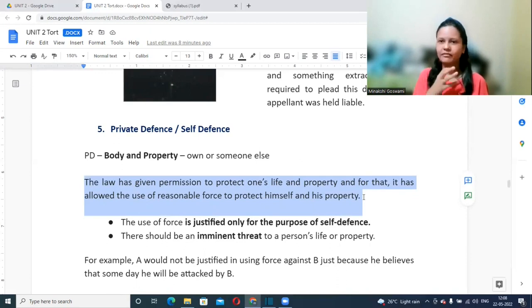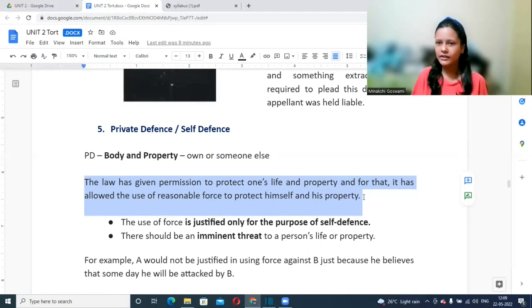When I have a feeling that he is just about to do something wrong, I do not have the option that I will sit, relax, call the police or something. I don't have that much time because, like you said, somebody entering your house, the person is already there inside your house. You don't have the time and liberty to call police.